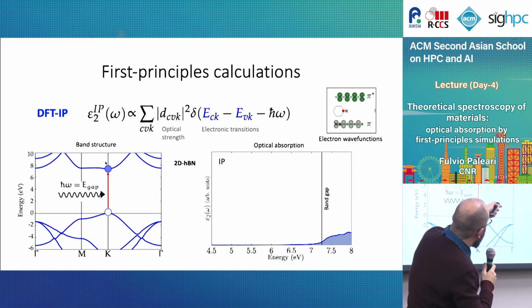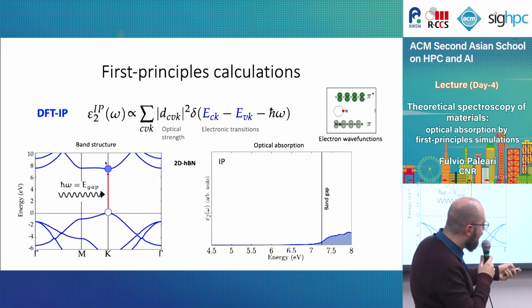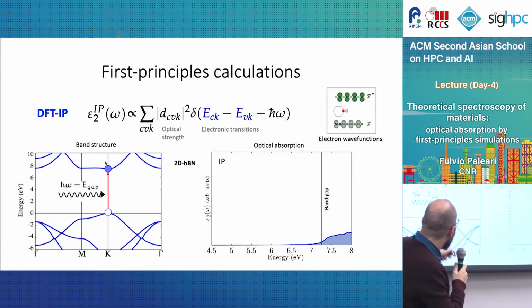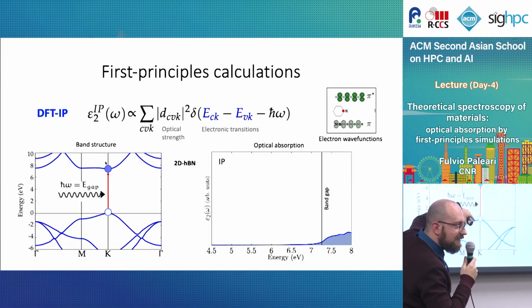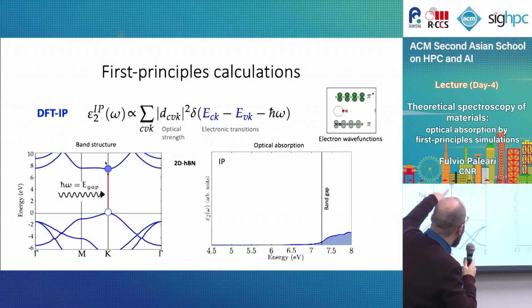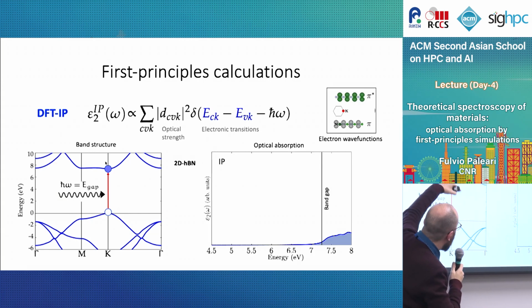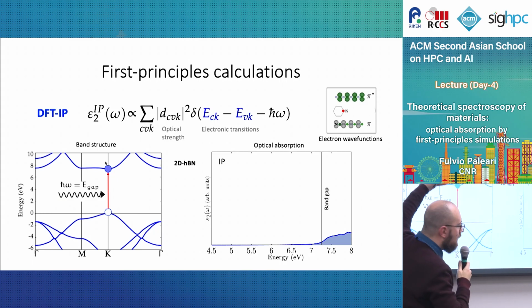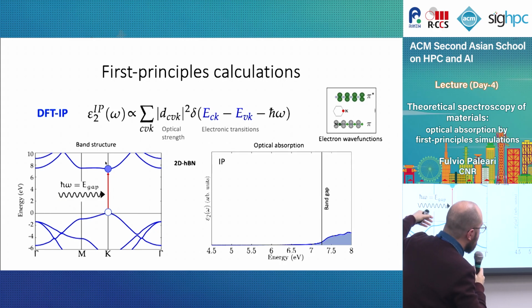And so as you can see from the equation, the optical absorption spectrum will start around 7.3, which is this energy difference, the band gap energy of the material, where absorption can start because you have electronic states to go to, and then it continues with all the other possible states that can be reached if you increase the energy of the laser.